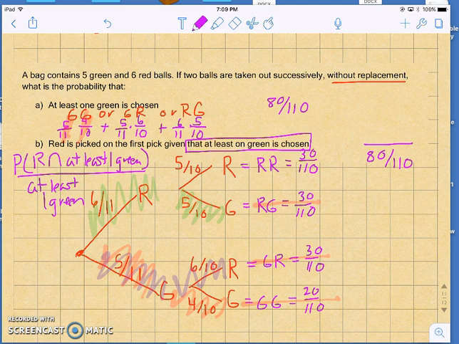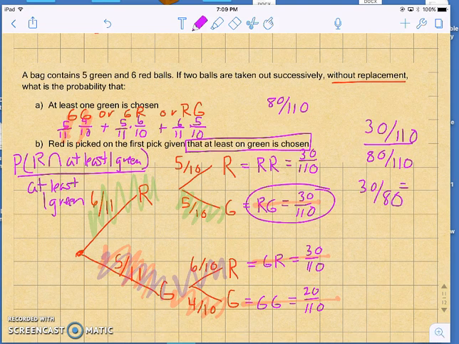So if we add those together, red is picked on the first pick, given at least one green. Well, that's only going to be that one, because it has to be on the first pick and a green. So that's going to be 30 out of 110. So we end up with 30 out of 80, or we could reduce that down to 3 out of 8.